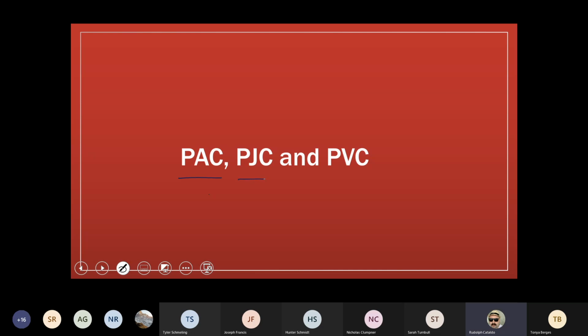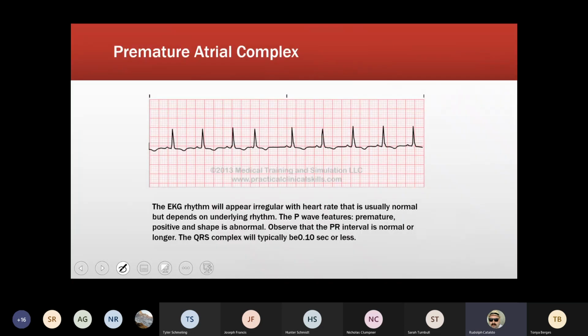We can have a PJC, which comes from the AV node, so it will not have a P wave, but it's still an early complex. And then we can have a PVC, which is a premature ventricular complex. That would be maybe somebody that drank a lot of caffeine, that smokes, had a lot of sugar, and they throw a ventricular beat every now and then. Again, it can cause lightheadedness and dizziness, but I'll show you what this looks like.